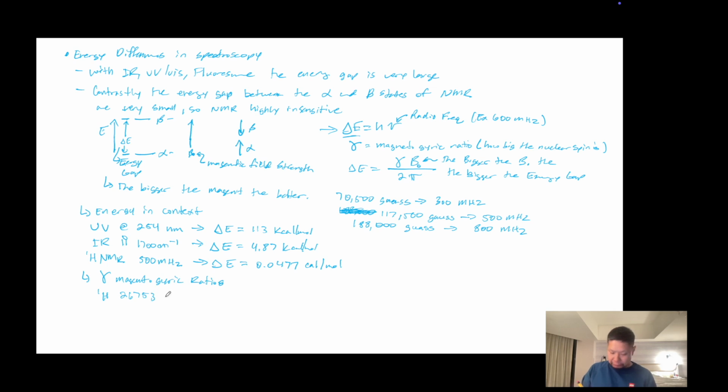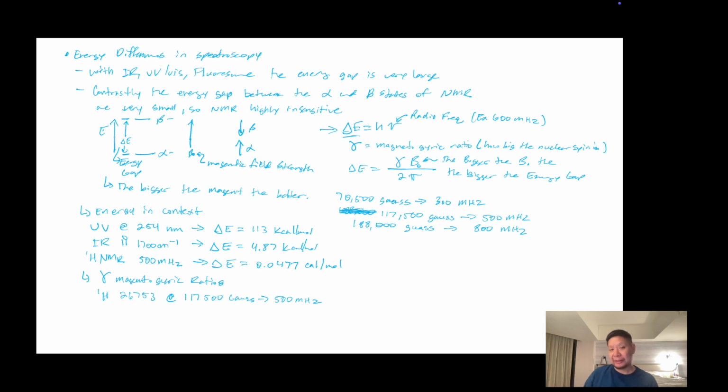And so if you were to use a 117,500 Gauss magnet, and we already said this before, this would give you a 500 megahertz NMR, which is interesting because oftentimes when we say we have a 60 megahertz NMR or a 500 megahertz NMR or 600, that only applies to a proton NMR.